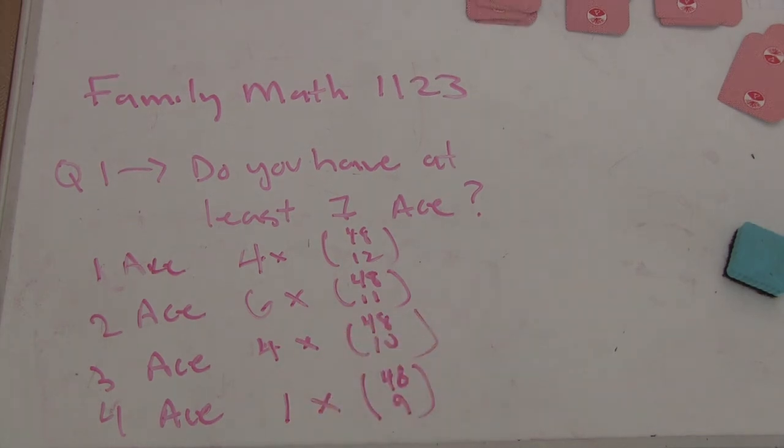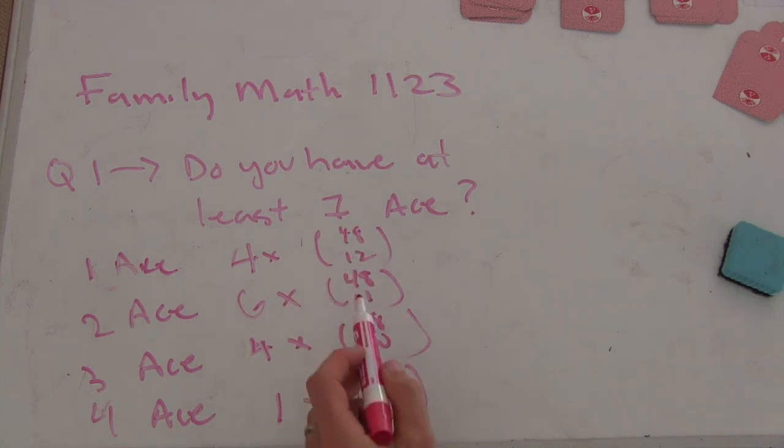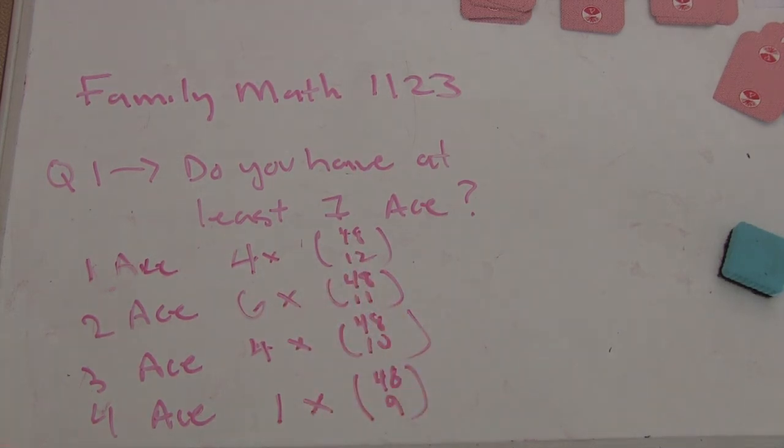Obviously we are not able to calculate these numbers in our head, but if I call these A, B, C, D, what is the probability that if I say yes to having at least 1 ace, that I have more than 1 ace?